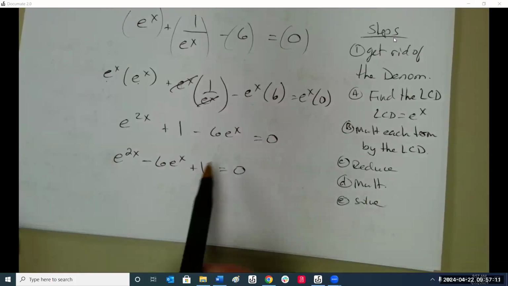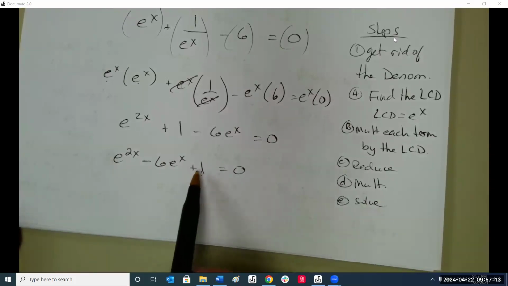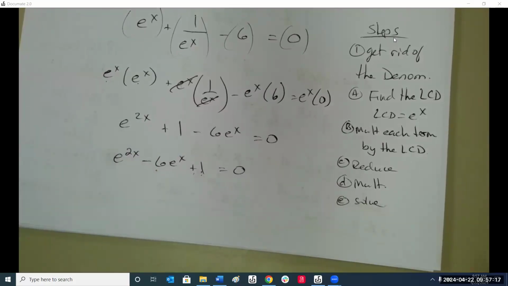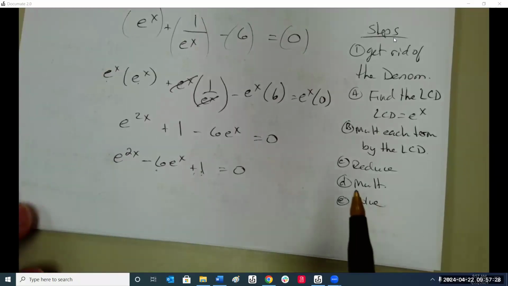Yes, but we can't factor, because what times what is one and when you add them, you get six. So we don't factor. What's the other method we can use? We can't use grouping, we only have three terms. Right, the quadratic formula.